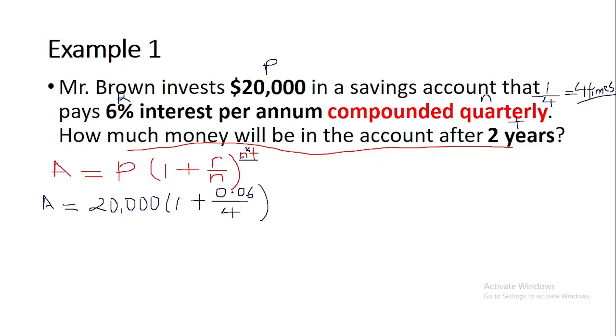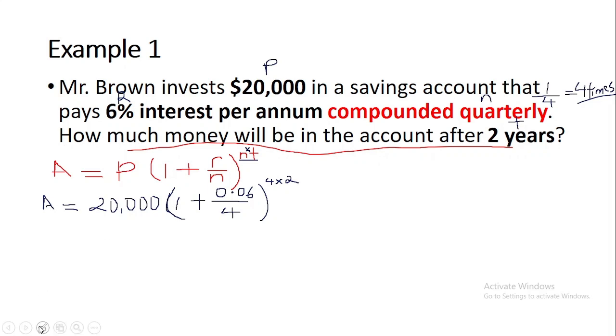So you have to multiply N and T, and when you finish, you raise that to that amount. N is 4, so 4 times T, which is 2.